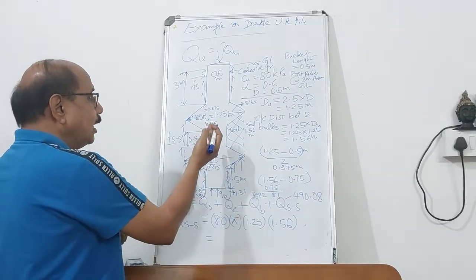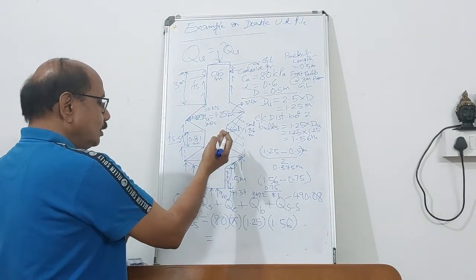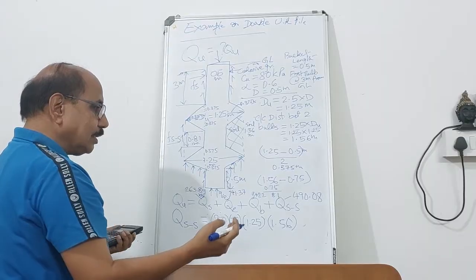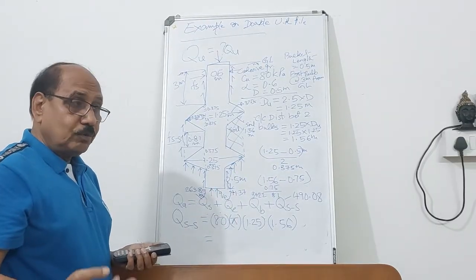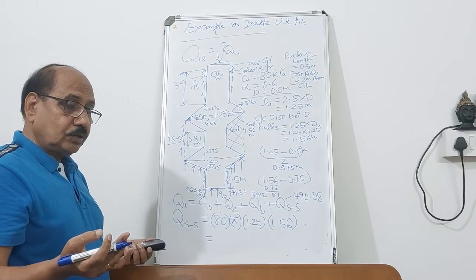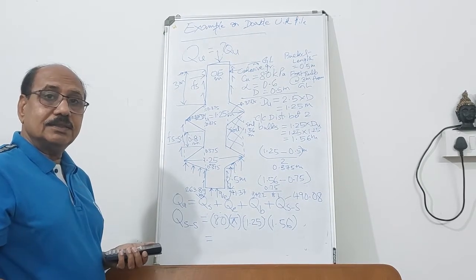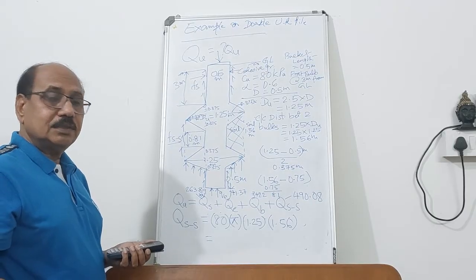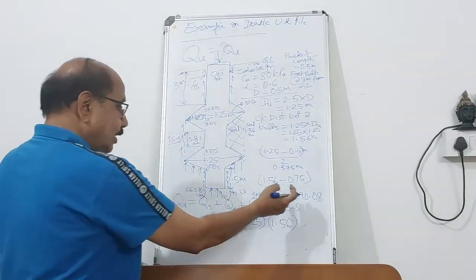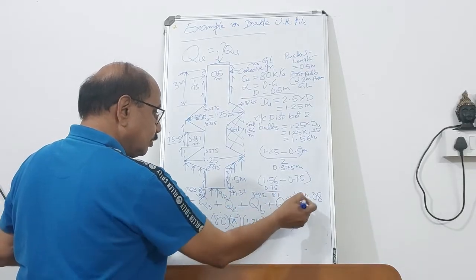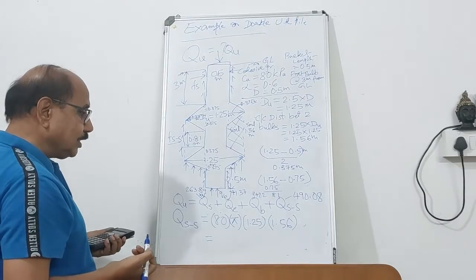So the ultimate load carrying capacity of double under-ream pile is much more, almost more than 2.5 times more than the normal piles. Because of this under-ream, you can see the contribution of the bulb, how the things are going to increase.